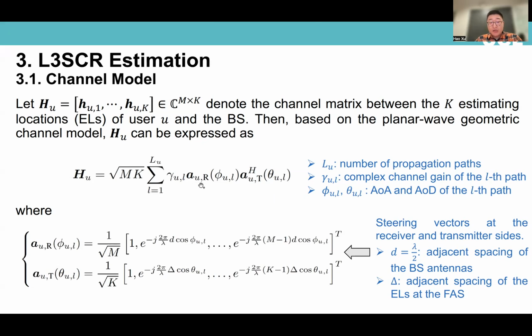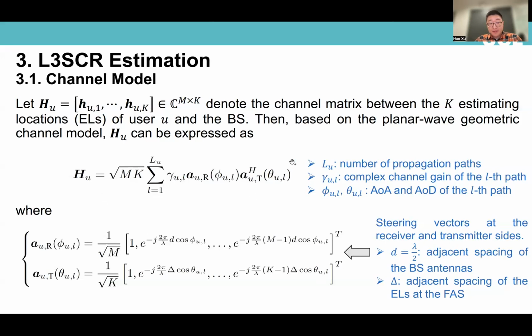The vectors a_UR and a_UT are steering vectors at the receiver and transmitter sides. They are expressed in this form. Here, d is equal to half wavelength. It is the adjacent spacing of the base station antennas. Delta is the adjacent spacing of the estimating locations at the fluid antenna system.